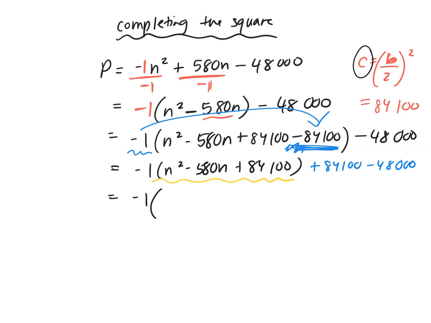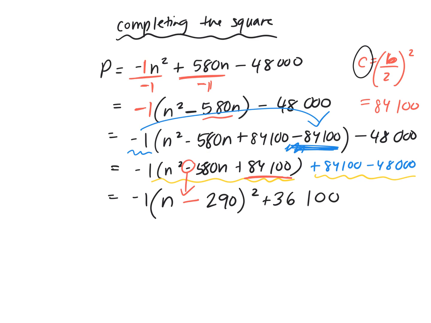Again, a common mistake people made was forgetting that if the middle sign is negative, then it becomes a negative. What's the square root of 84,100? 290, right? Squared. And then this simplified, 84,100 take away 48,000 is equal to positive 36,100.